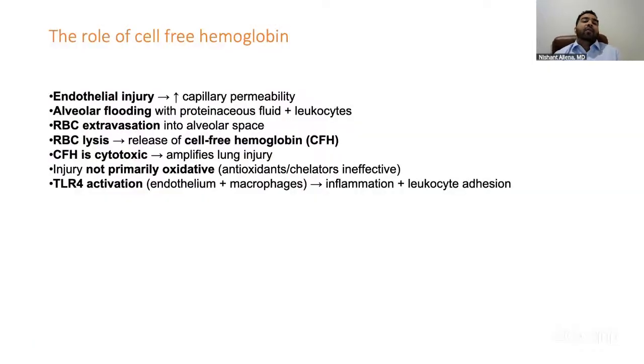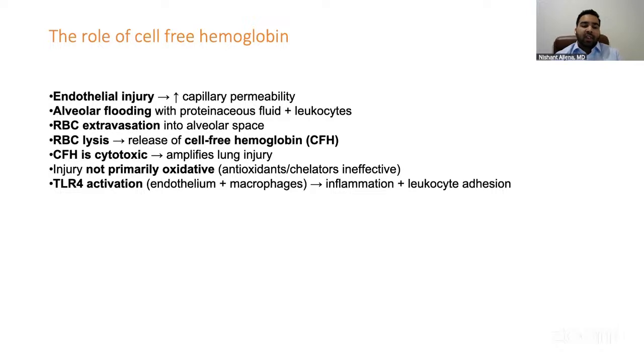Now, coming to the role of cell-free hemoglobin, this is something that is quite nuanced. It's quite new in the ARDS picture. Whenever you have endothelial injury, which causes early capillary permeability, your alveolus is flooded with proteinaceous fluid along with leukocytes and RBCs.